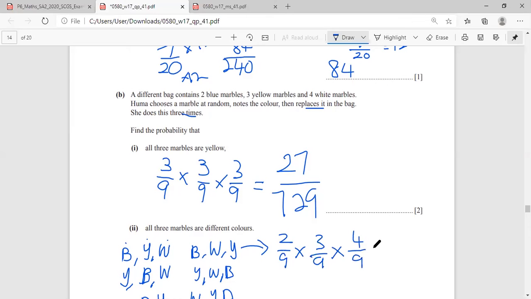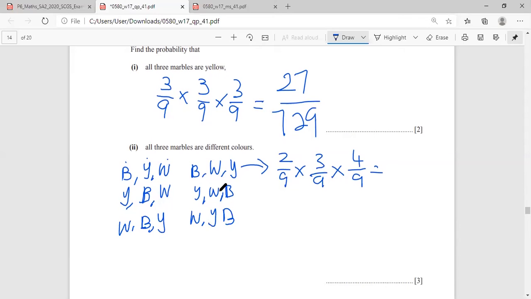So this is the probability of 1 blue, 1 white, and 1 yellow. But because it has 6 different arrangements, 6 different possible sequences, the whole thing I have to times 6.